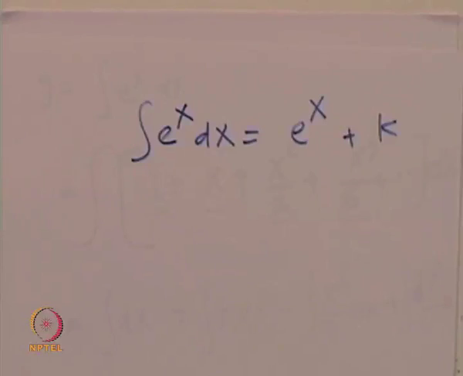So, once this is understood, the same way as you understand the derivative of e power x, take a paper and pen and go ahead and calculate the integral of e power x just by knowing the formula that the integral of x power n is x power n plus 1 divided by n plus 1. You can basically go ahead and do this integral of e power x.